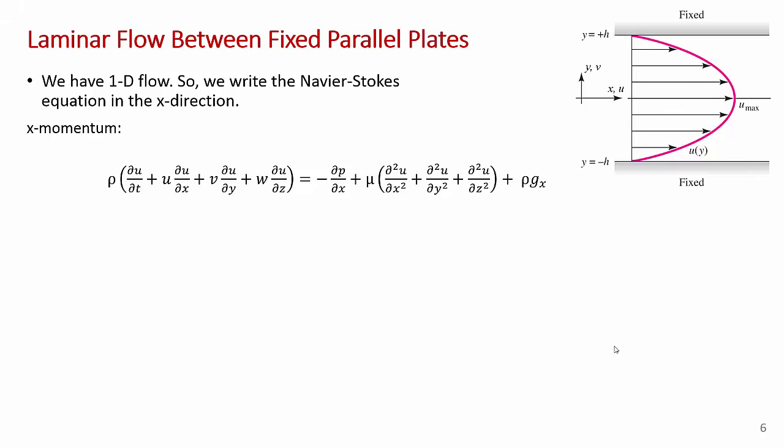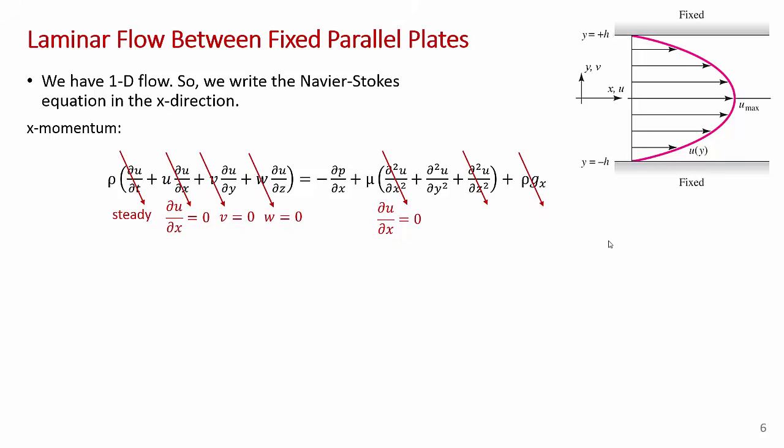So this is conservation of momentum in the x direction. And you can see we have the acceleration terms here. We have the local acceleration, the convective acceleration, the pressure term, the viscous terms, and the gravity term. But we know that some of these terms are 0, and so we can do a little simplification.